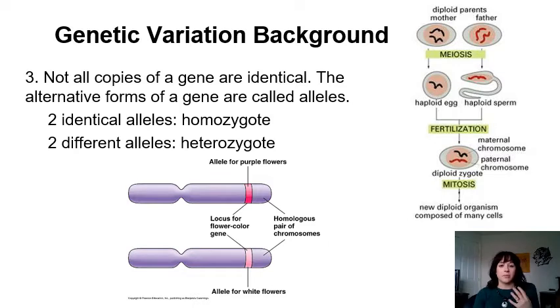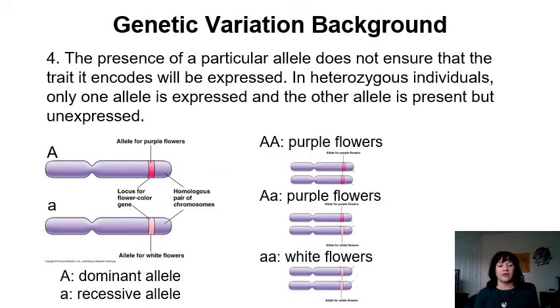Homogeneous, same. And if they had two different alleles, as in the case we're seeing here, this would be called a heterozygote.